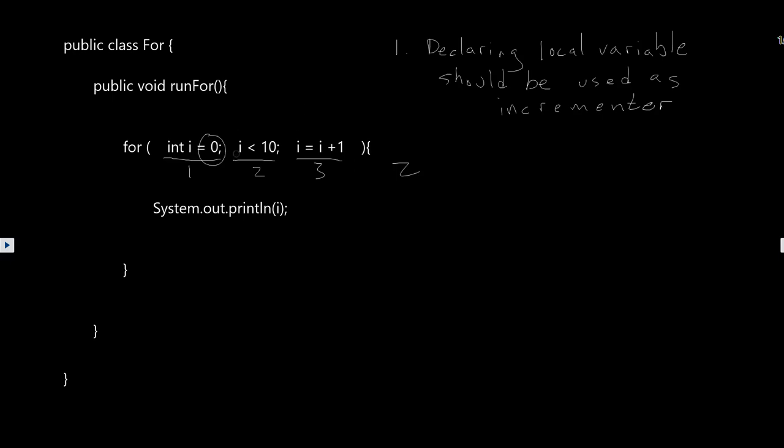Okay? Now the second one, number 2, right? This is the conditional check. So the loop will continue, just like in the while loop, as long as this condition is true.